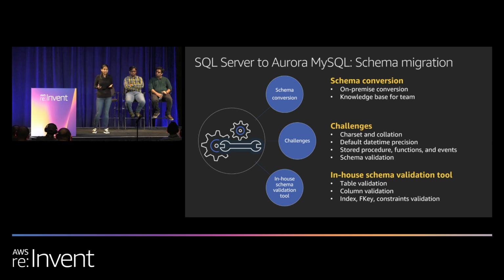Number of columns in a table, to complex stuff like ordinality of the column, data type, char set, collation, min-max value allowed, precision, and many more such things. It also helped us to validate indexes, foreign keys, default constraints. So it was a pretty generic tool, and we do plan to open source it very soon.